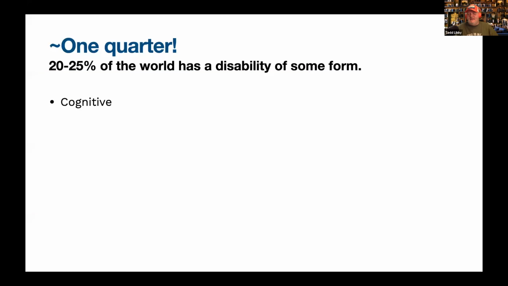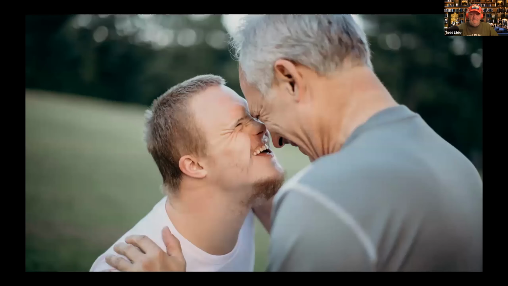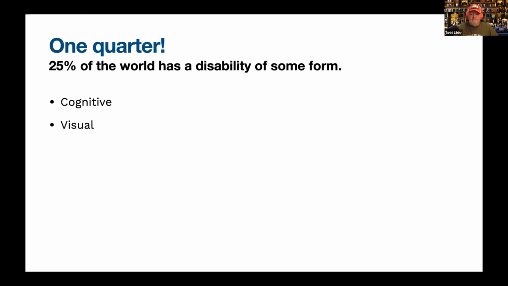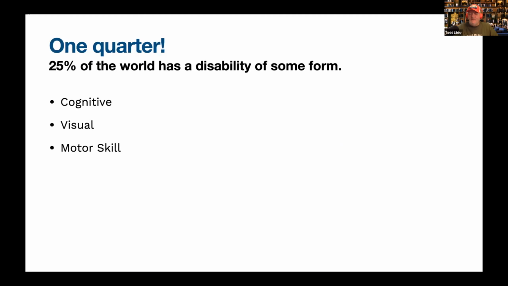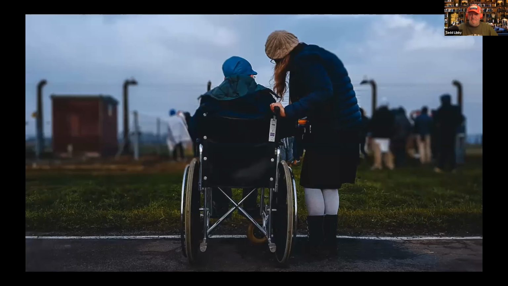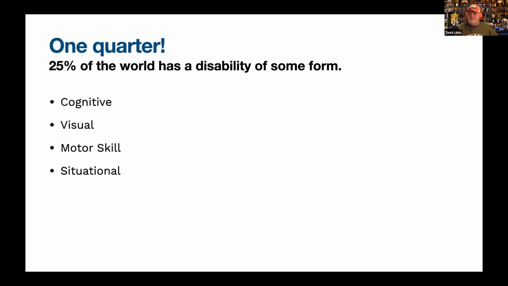I've seen a lot of 20%, but also I've seen newer numbers that indicate 25%, or that 1/4 of the world has a disability of some form, whether it's cognitive, whether it's visual, whether it's a motor skill, whether it's situational.